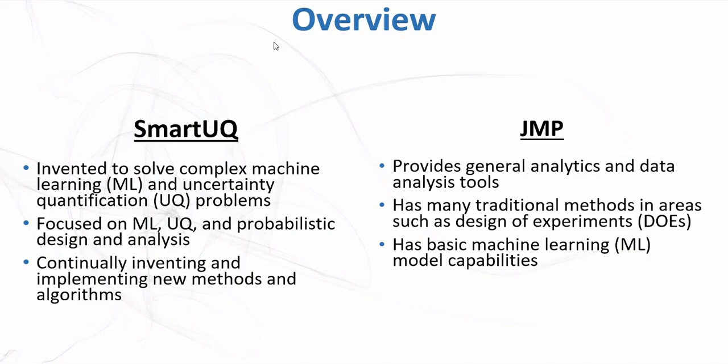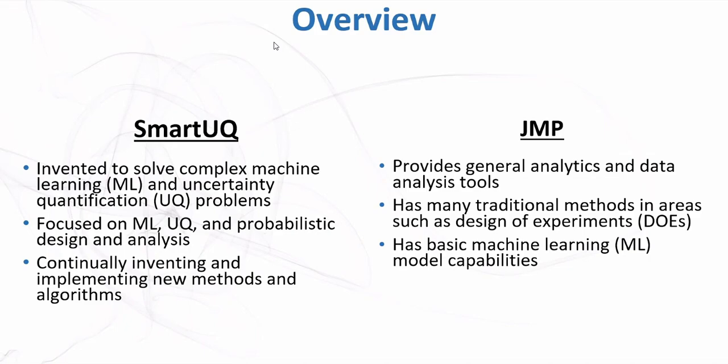We got our start with problems in jet engine and gas turbine applications. As a result, it's a tool that's very well suited for machine learning and UQ applications in a lot of industries. We've designed SmartUQ basically from the ground up to make it easy for practicing engineers to use advanced statistics.